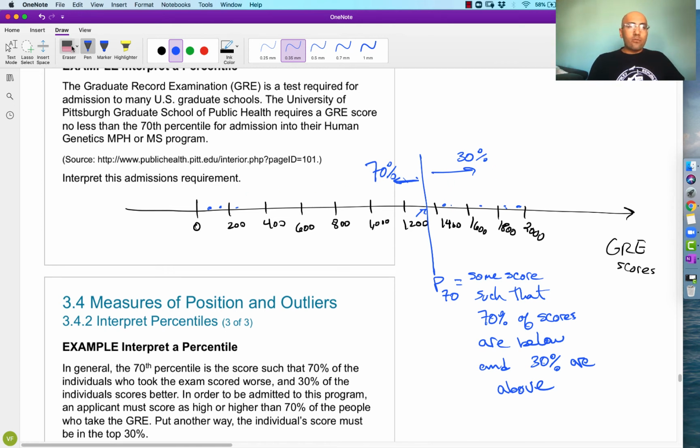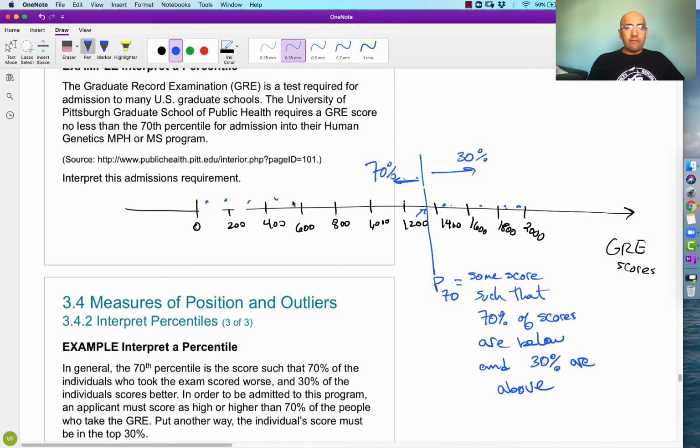That doesn't give you really much indication of where the other ones are. For example, it could be that 70% of the scores are all like right here. Maybe they're all really clumped up, really close to that value, but it doesn't matter. 70% are this way and only 30% are that way. Or it could be that they're not really all clumped up. Maybe they're way over here.